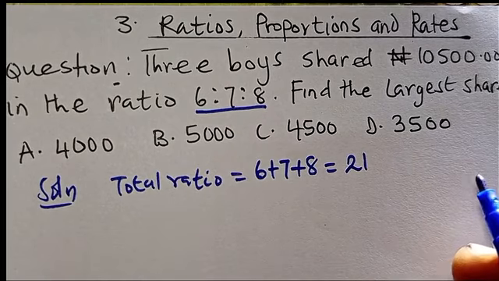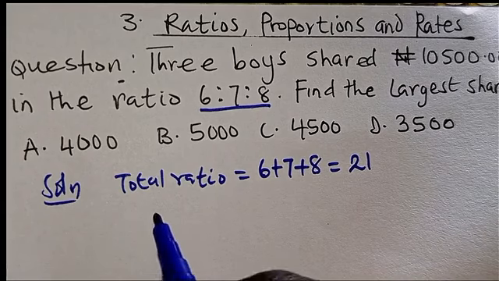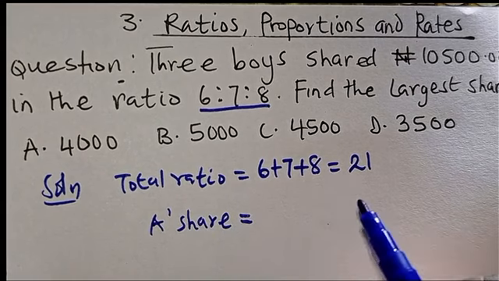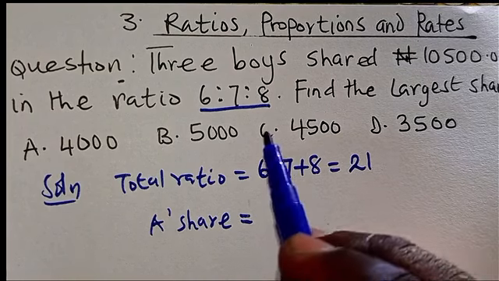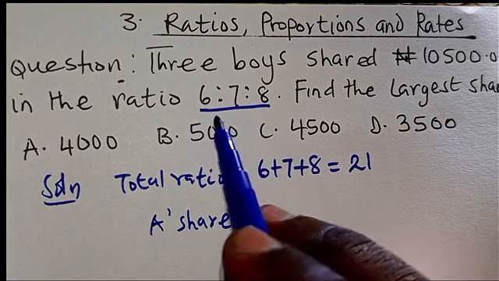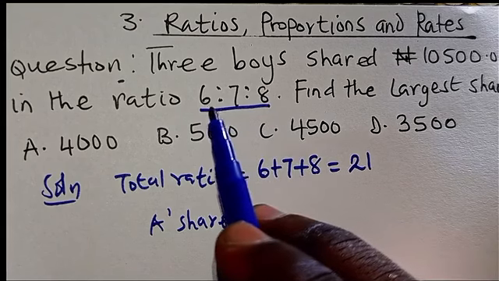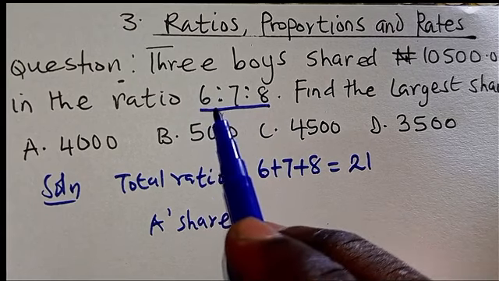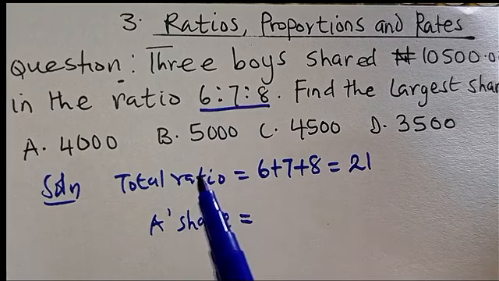Then the next thing we are going to do is find a share. A share will be the rate of sharing for these 3 shares, because we have 3 ratios and 3 boys, so each boy has this ratio respectively.